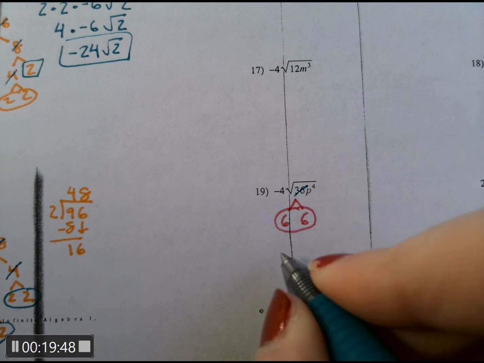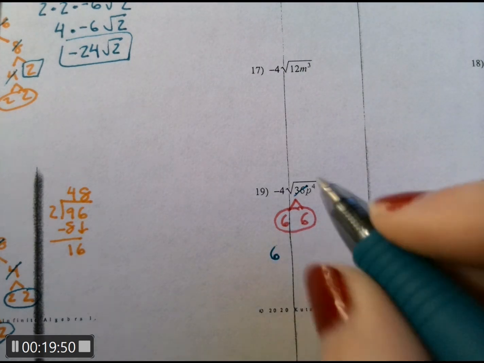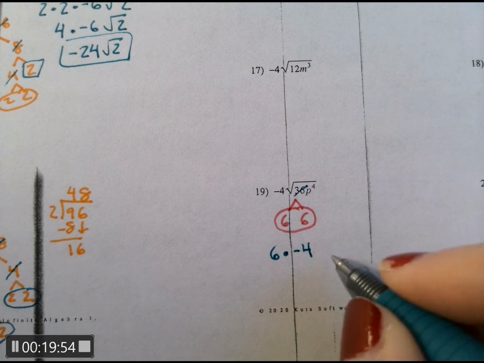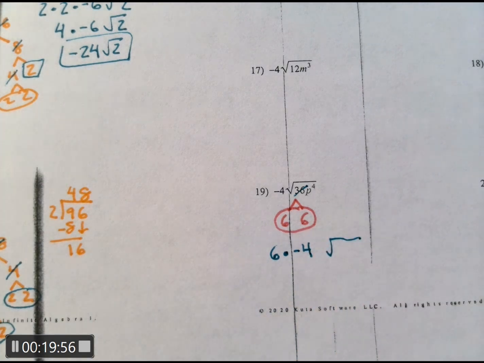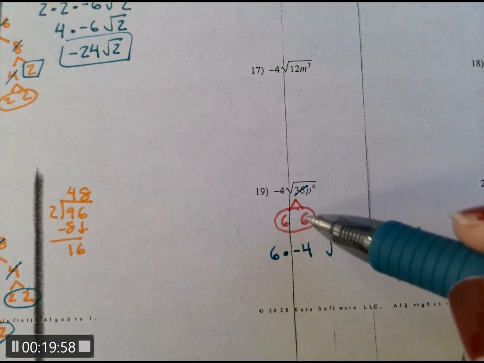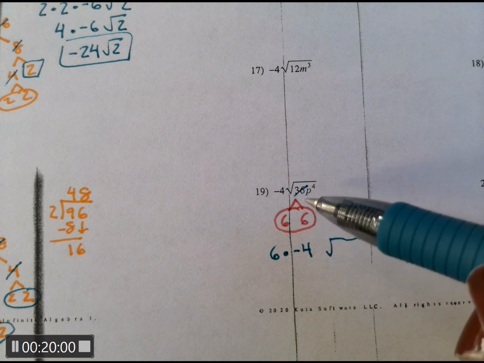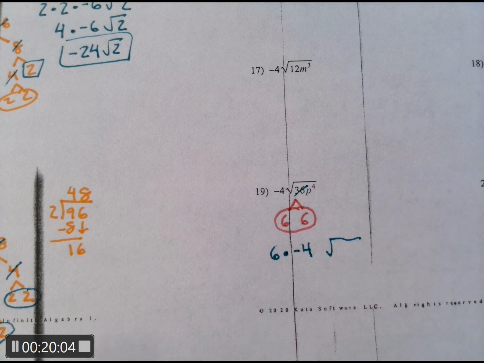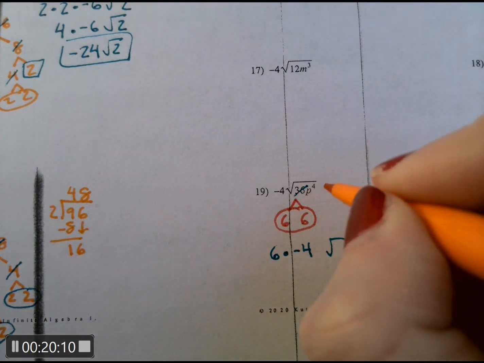So, one of my pairs goes on the outside, times the number that's already on the outside, leave a space, square root. Now, because we used all of our numbers to go on the outside, we are not going to have a number that goes on the inside. So maybe our letter will. We'll see.